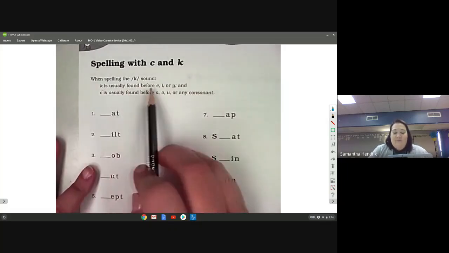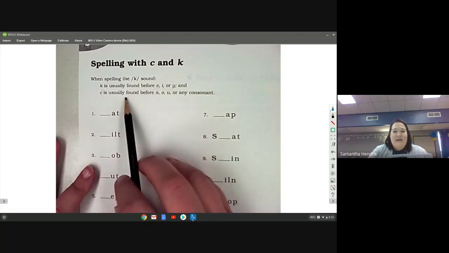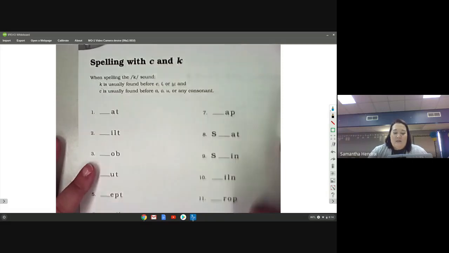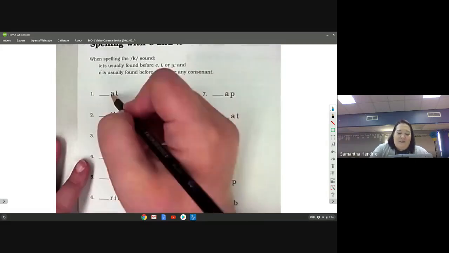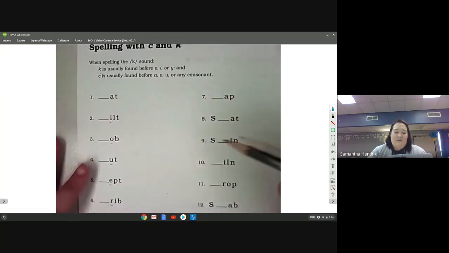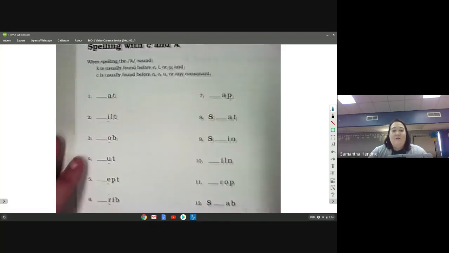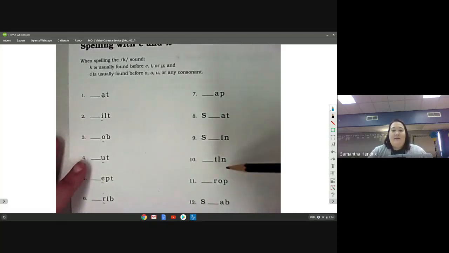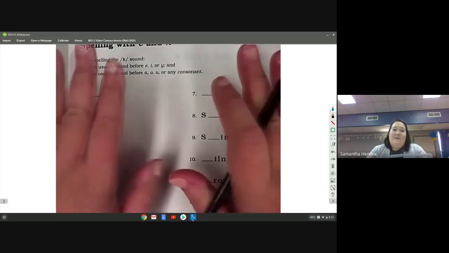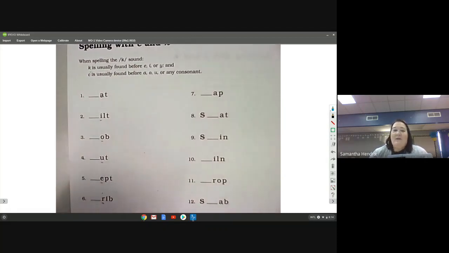K is found before E, I, or Y, and C is found before A, O, U, or any consonant. So I want you to look at the letter after the blank and figure out which one goes, K's or C's. And then I want you to code your words, okay? You got to use that breve. Then you practice saying them, and then you take a picture of this and send it to me, okay? Great job today, guys.